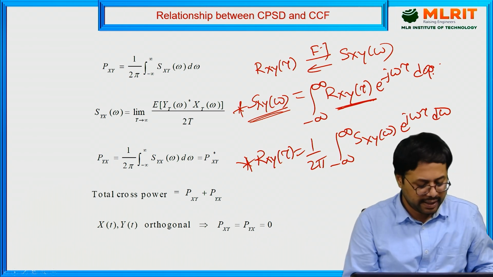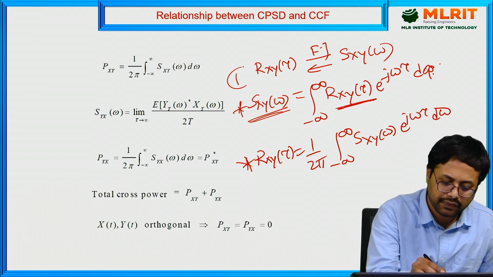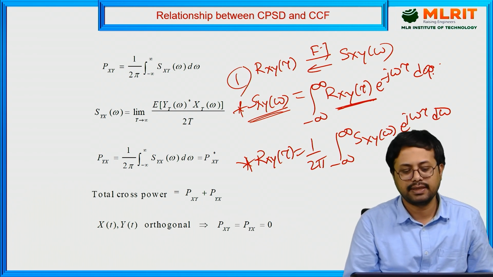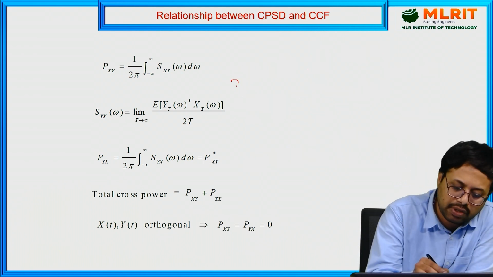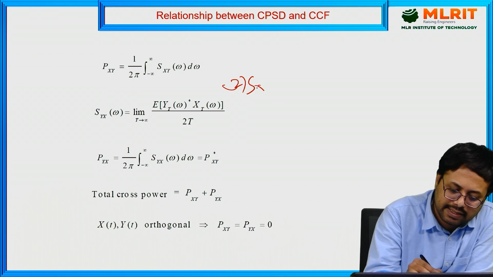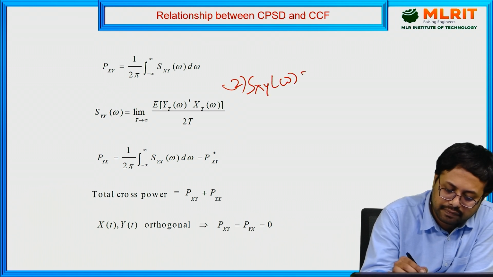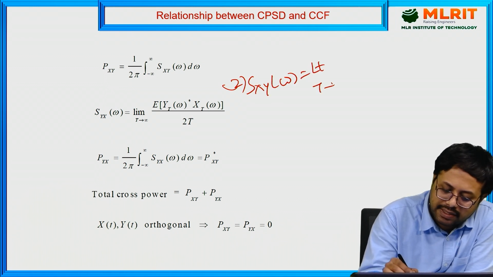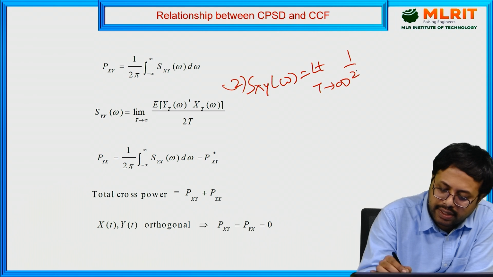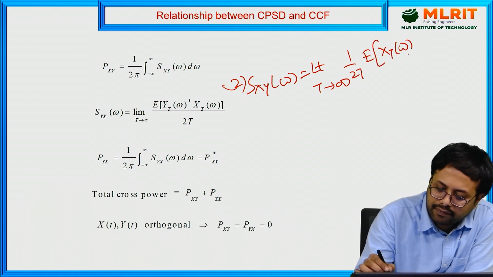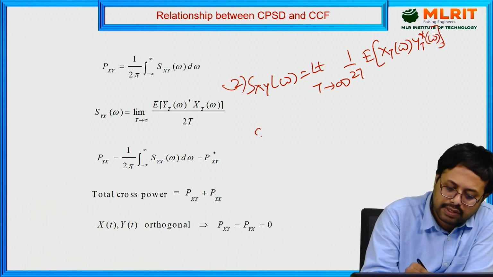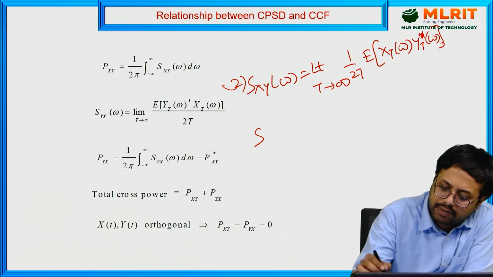And one more, a second definition. This is the first definition of cross power spectral density. The second definition is Sxy of omega equal to limit T tends to infinity 1 by 2T expectation of X_T of omega into Y star of omega; if you are considering it as xy, you consider this as x star.